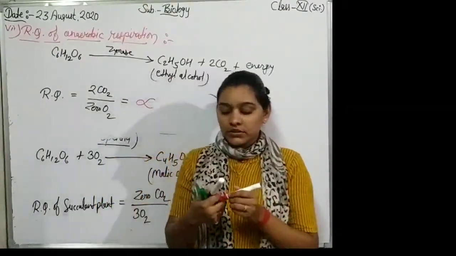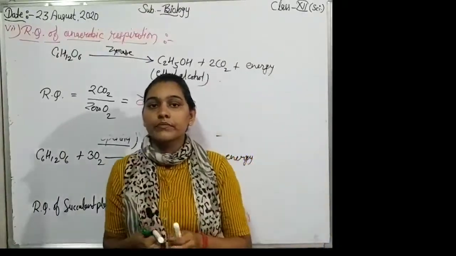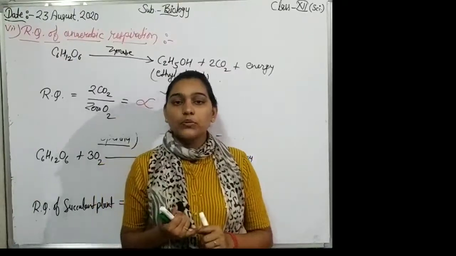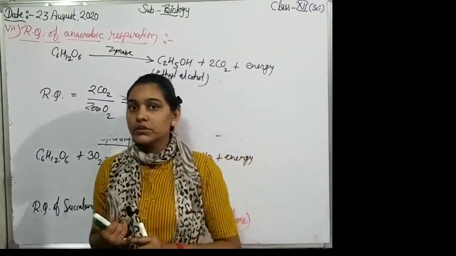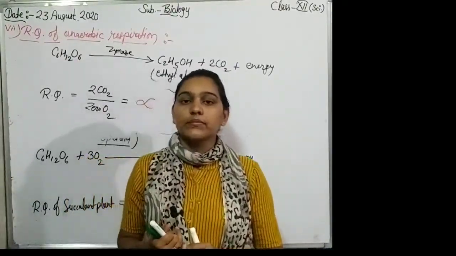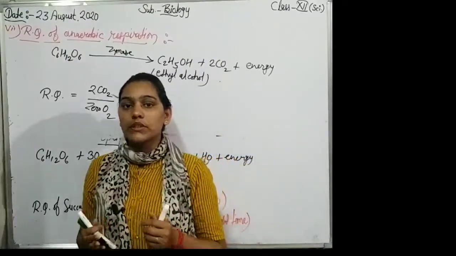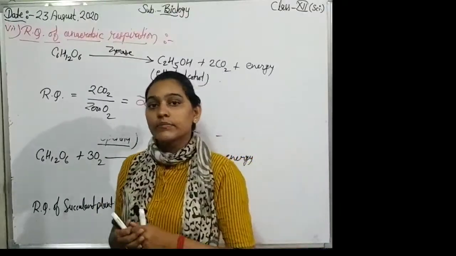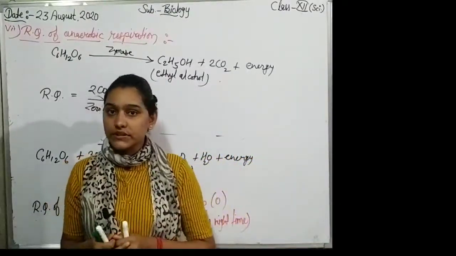Okay students, now revise this topic. Respiratory quotient of carbohydrate is always 1 because in carbohydrate oxidation O2 and CO2 volume is equal, and RQ of fat is less than 1, it means 0.7.